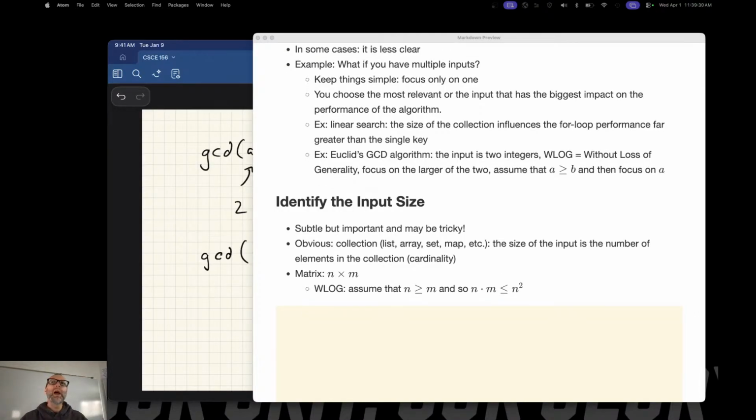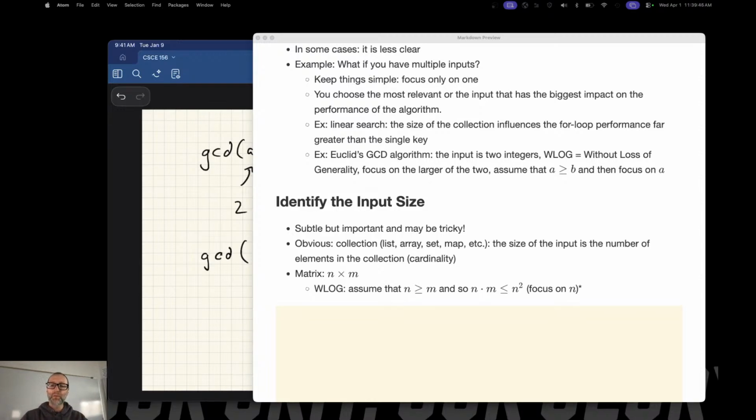So just go with n. In other words, focus on n. If it's the other way around, then just take the transpose of that matrix, and now they're swapped around, just like we did with the GCD algorithm.